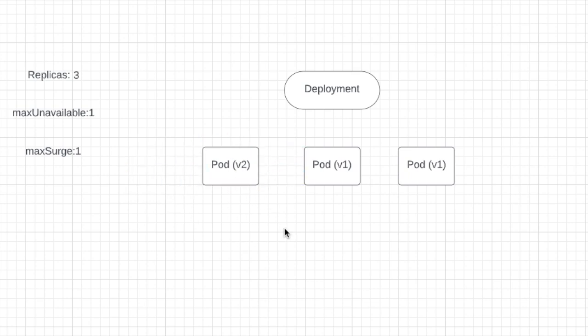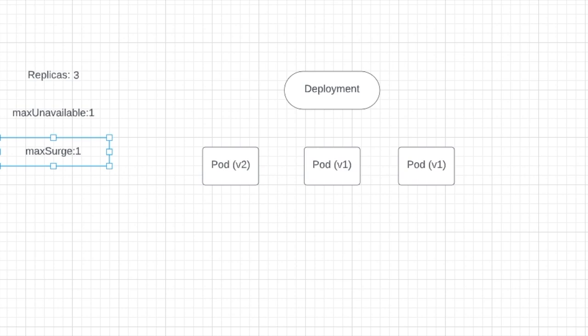In this case, we need to have 2 pods running and available at any given time, because replicas minus max unavailable will give us the maximum number of available pods that need to be up and running. So in this case, if there are issues here, it would stop and not roll out the updates to the remaining pods and give us the minimum number of available pods that we specified here.